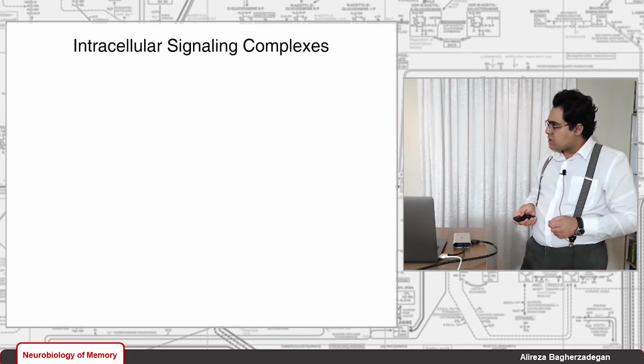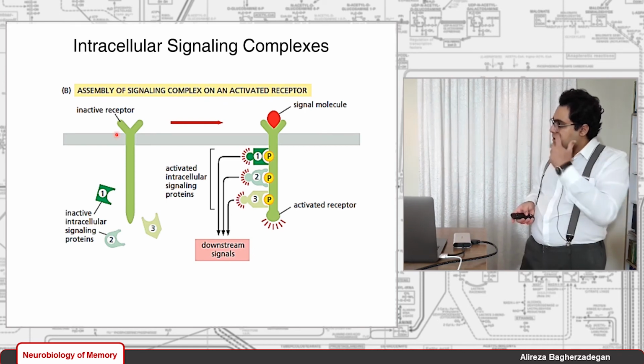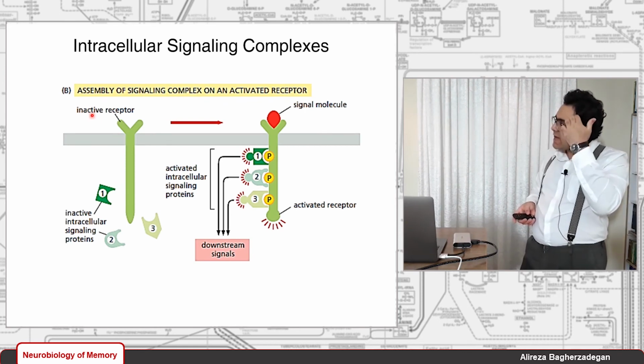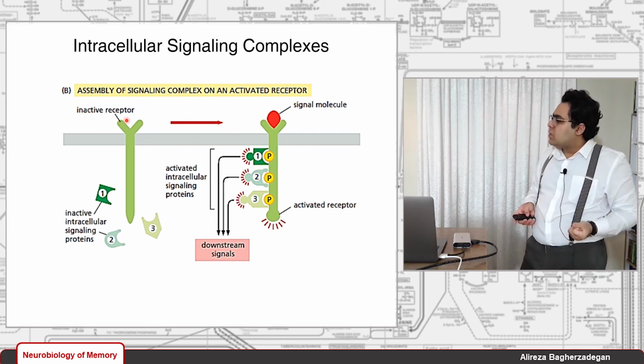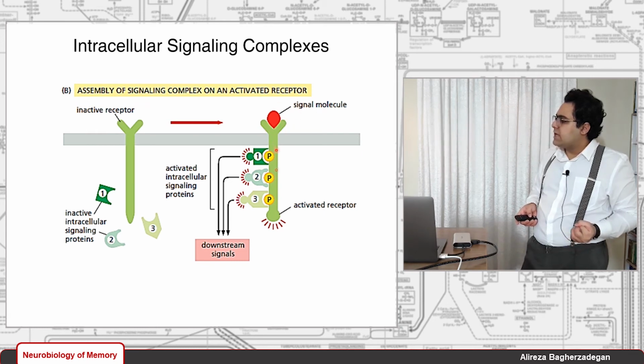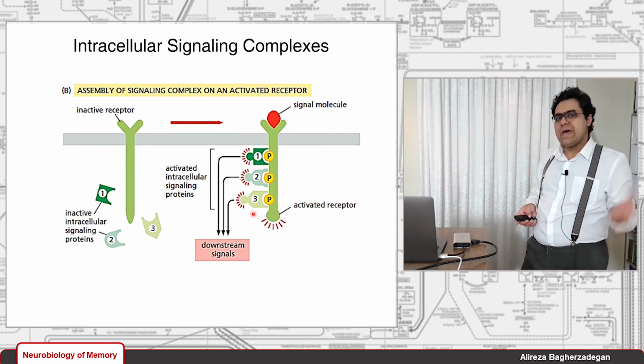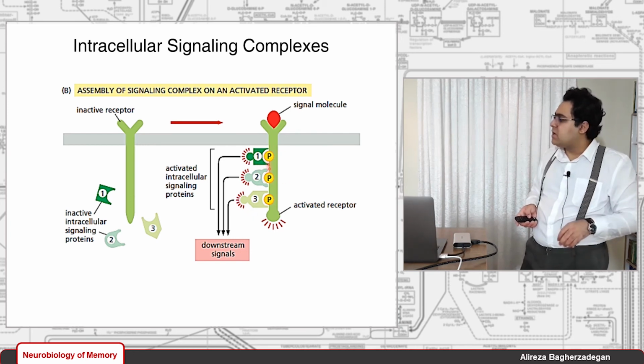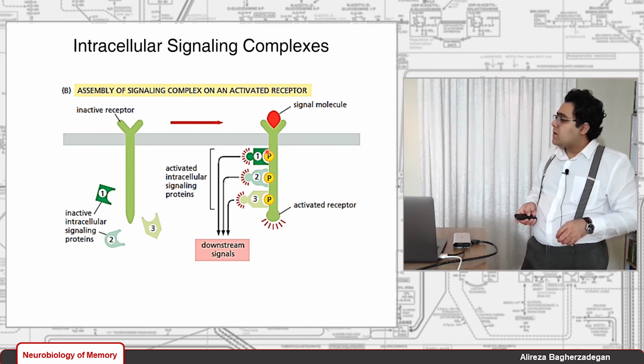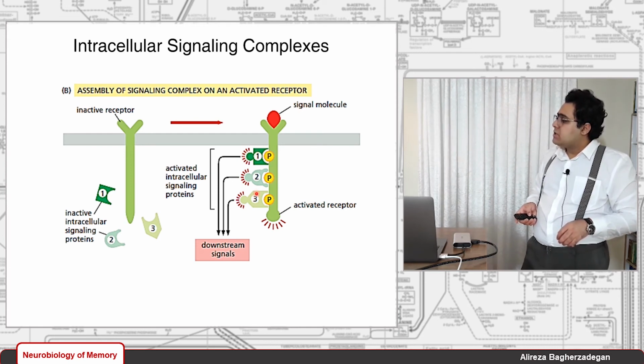We have another type of signaling complex. For example, in this case, we don't have the scaffold protein. What we have is an inactive receptor. When the receptor receives the signal molecule, it gets activated. When it gets activated, it phosphorylates itself. It adds a phosphate group to itself, and also it phosphorylates other signaling proteins or transducers, and again they go and work in downstream signals.